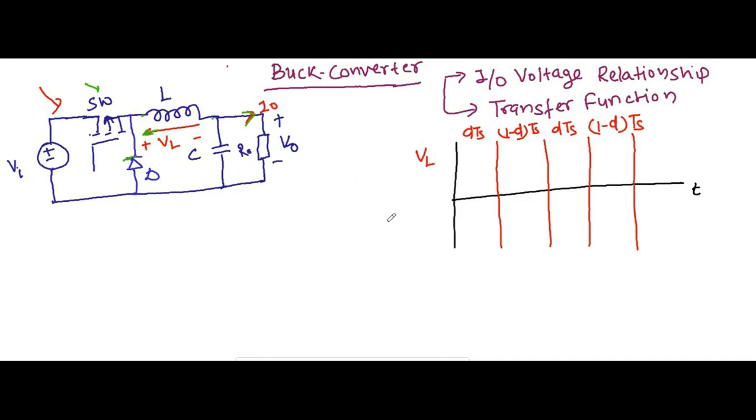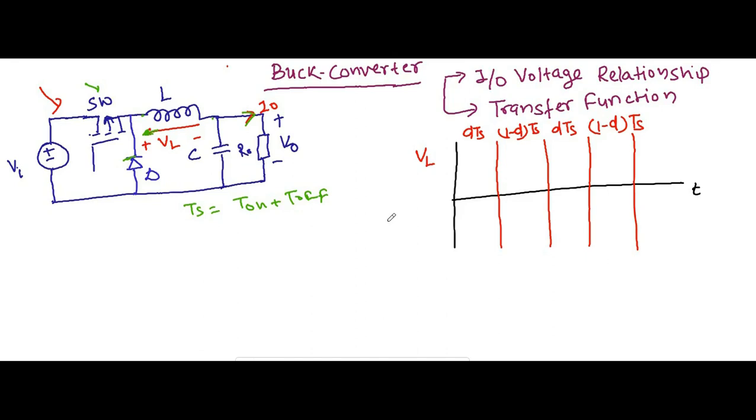Let's say the total switching time is TS, so TS is the summation of T on time plus T off time. I am calling the T on time DTS, the duty cycle multiplied by the total time, and the off period is 1 minus D into TS.